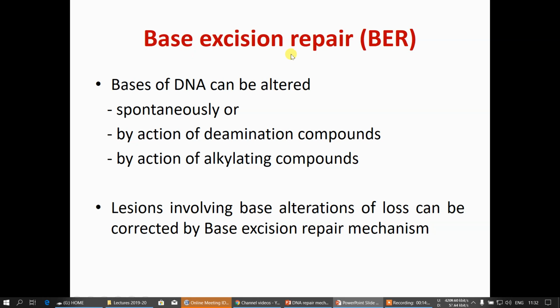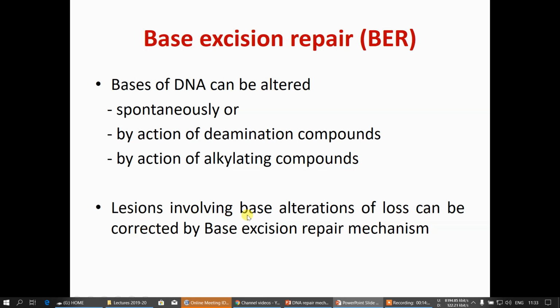But here in base excision repair, only the mismatched base is removed, rather than removing a certain portion of the DNA. The base of the DNA can be altered, either spontaneously, like cytosine being converted to uracil by deamination, or by the action of certain deaminating compounds, or certain alkylating compounds.